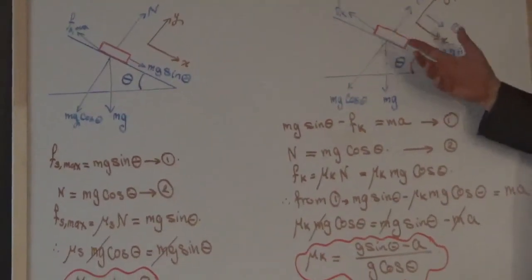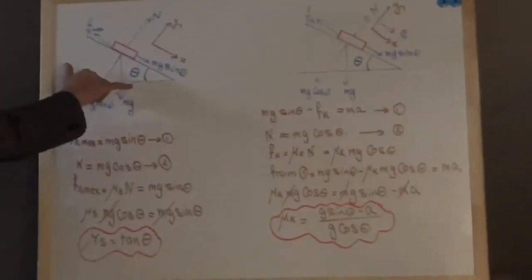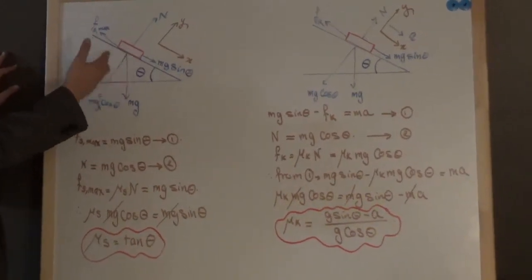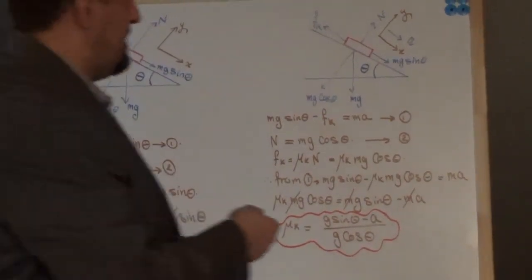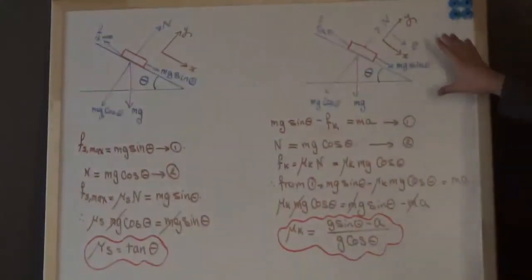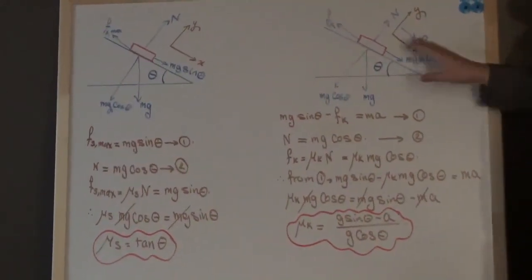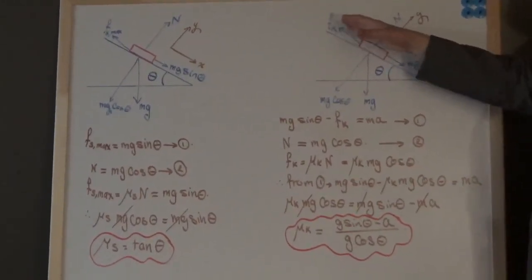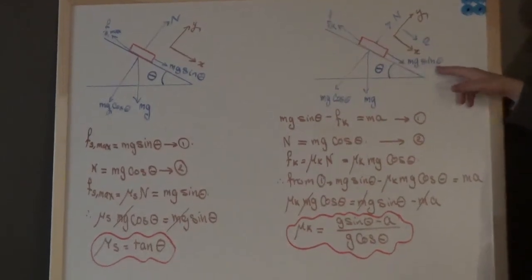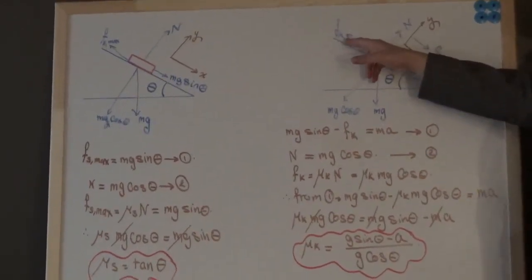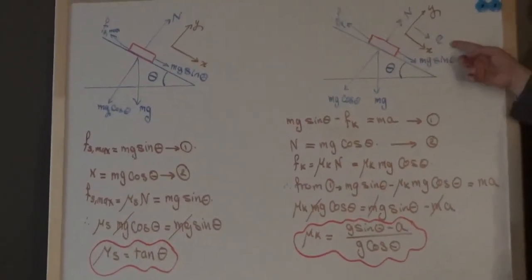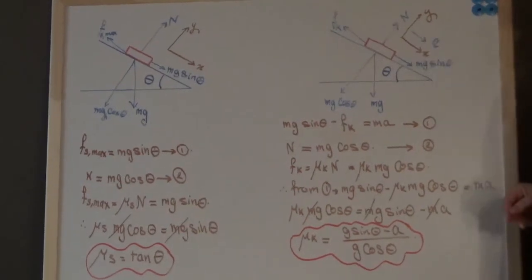So at the beginning, you can see that from this free body diagram, the object will just start to move, but maybe after 1 second or 2 seconds, we can move to the next situation, which is this free body diagram, and you can see that the object right now is moving down under the influence of mg sine theta and F sub k, which is the kinetic friction force. And don't forget the acceleration, since it is moving down.